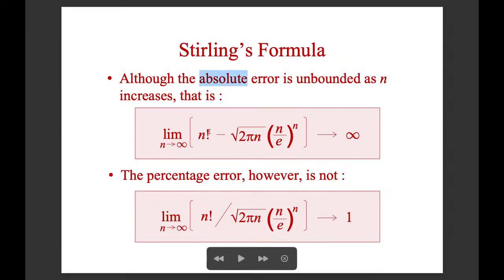It turns out that the value of n factorial and the value of this approximation will differ more and more as n goes to infinity. But the ratio of them is getting closer and closer to 1 as n gets larger.